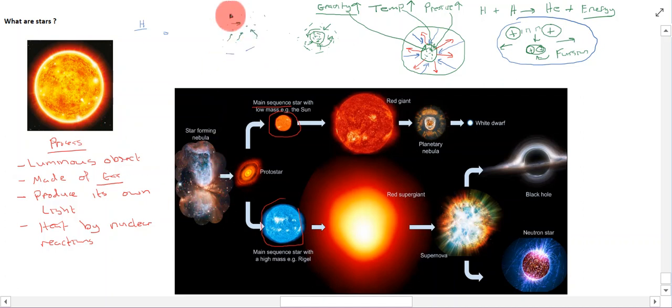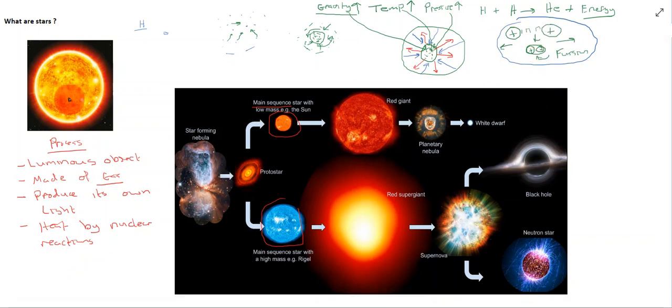It starts off as a big cloud of hydrogen gas, which gets fused together to make helium. As the star continues in its life process, you also start to get other elements formed. It produces its own light, and it produces its own heat by nuclear reactions. The heat that's given off comes from the fusion of hydrogen atoms together.